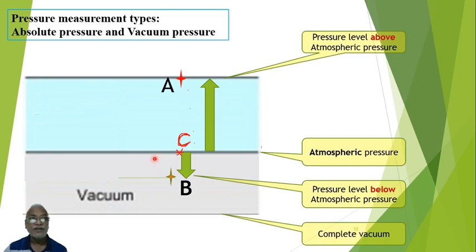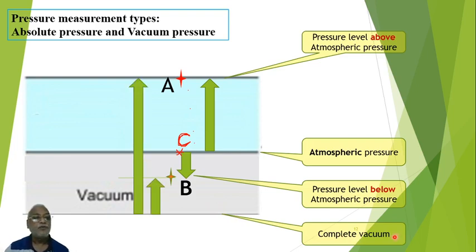If from the container you go on removing the air present, it becomes completely vacuum. At that stage, we call it complete vacuum or absolute zero. There is nothing, you cannot make the pressure any less. That is complete vacuum.